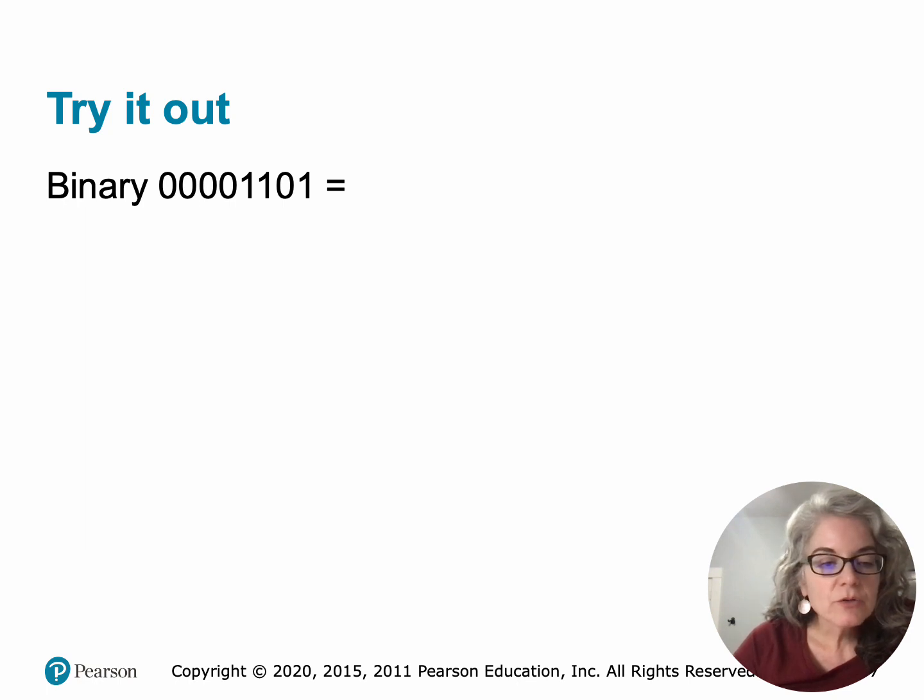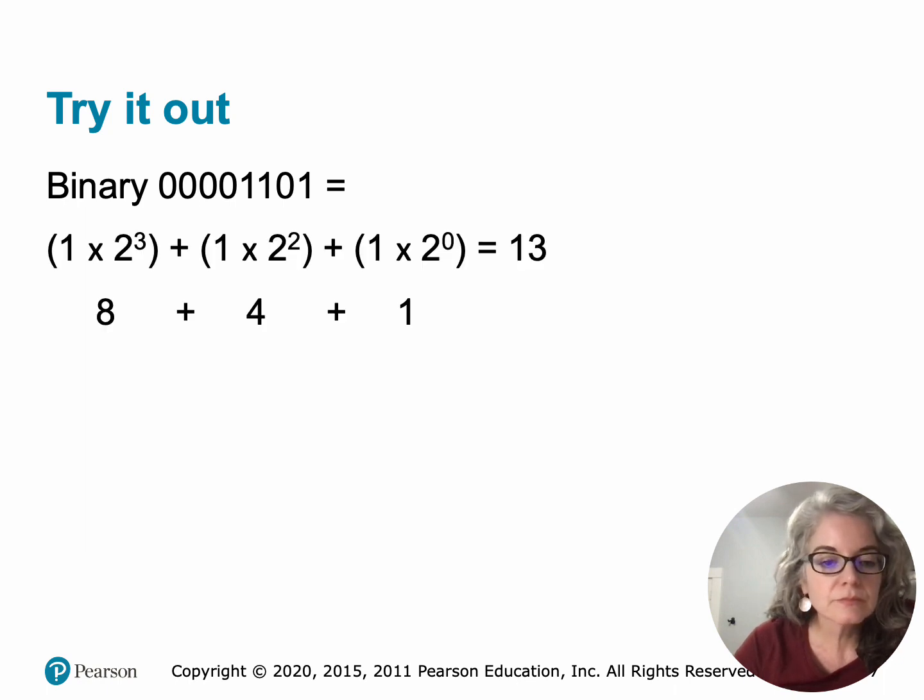Now I want you to try it out. You can pause this video and see if you can figure out what binary number 00001101 is. Again, we ignore all the zeros. We start with this one right here. What position is it? 0, 1, 2, 3. This is position 3. So we multiply 1 times 2 to the power of 3 and we get 8.